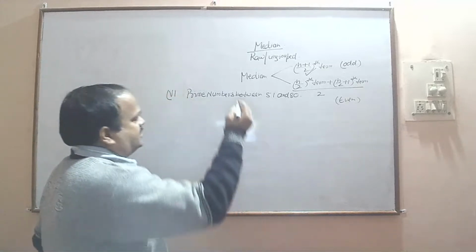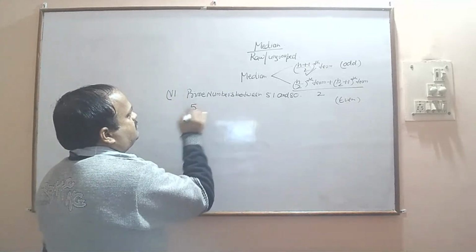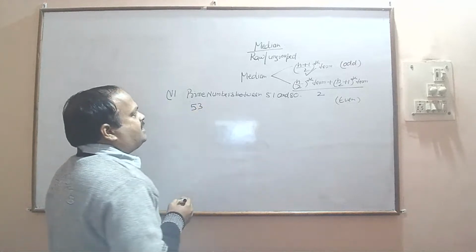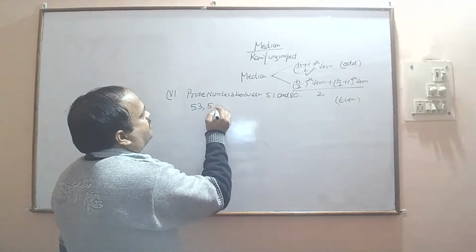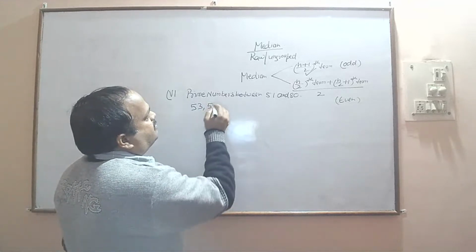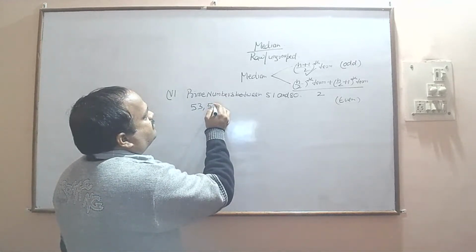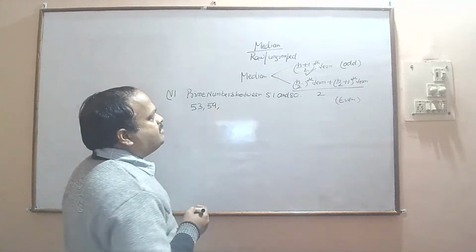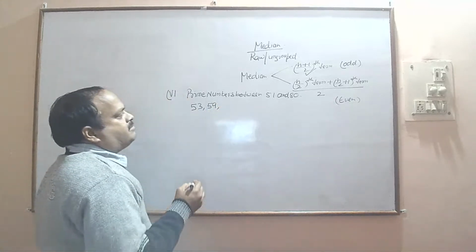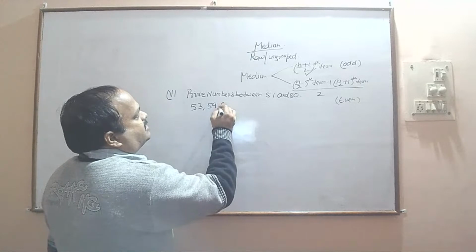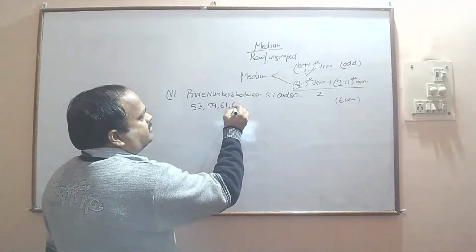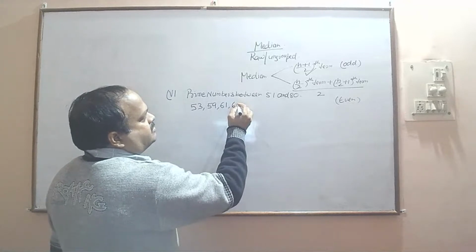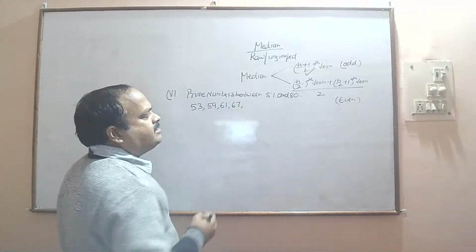So the prime numbers are 53, 59, 61, 67.